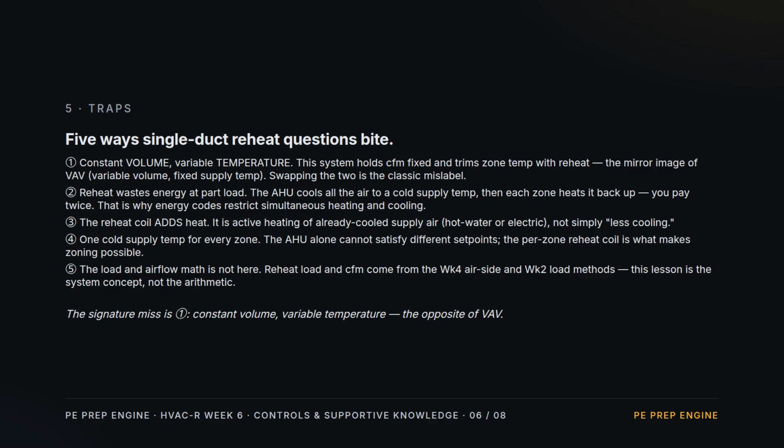The reheat coil adds heat. It's active heating, not less cooling. 4. There's one cold supply temp for every zone, so the per-zone reheat coil is what makes different set points possible. 5. The load and airflow math isn't here. It comes from the Week 4 airside and Week 2 load methods. This lesson is the system concept, not the arithmetic.